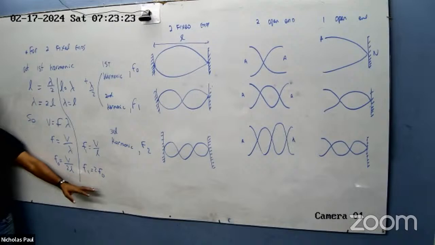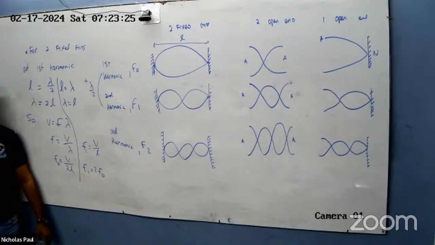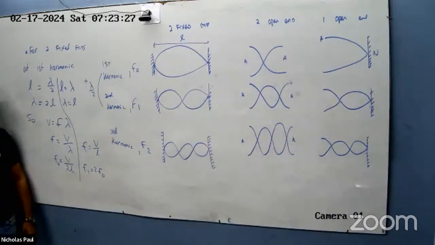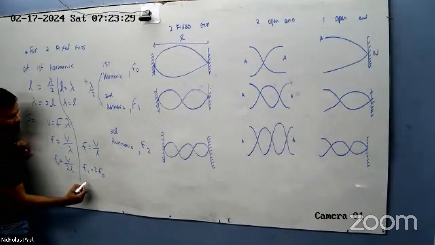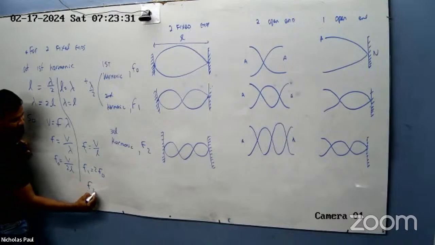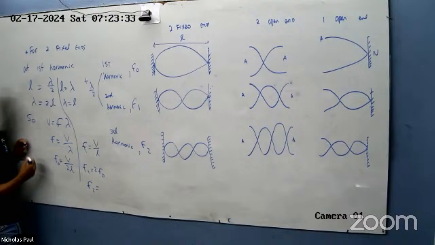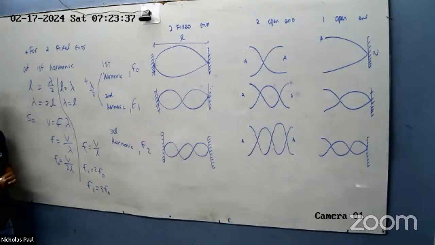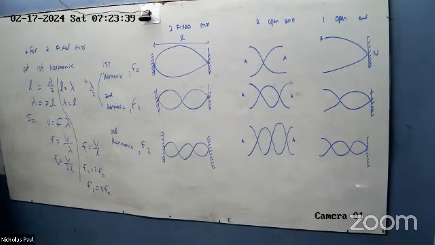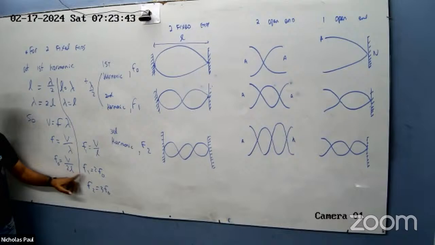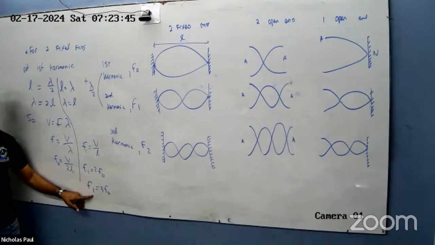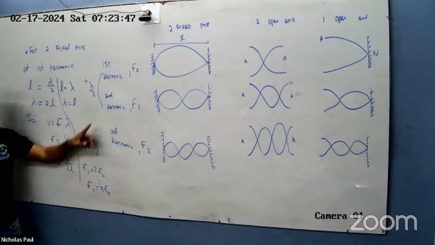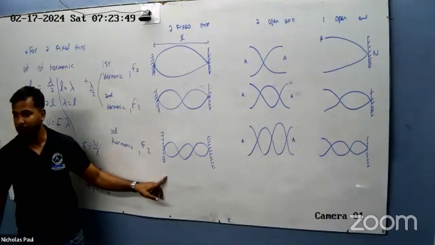All right, so F1 is 2F0. And if you're going to guess, F2 is what? 3F0. So now I don't have to play around with it. I can actually find F0 and multiply it by 2, multiply it by 3 to get these harmonics here.